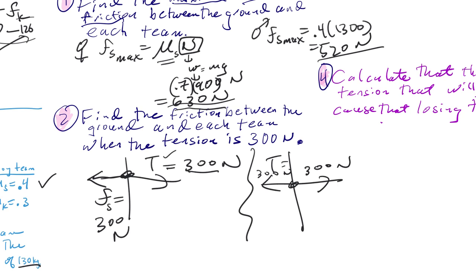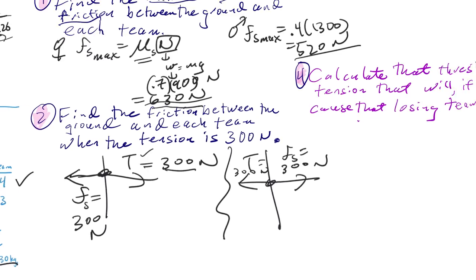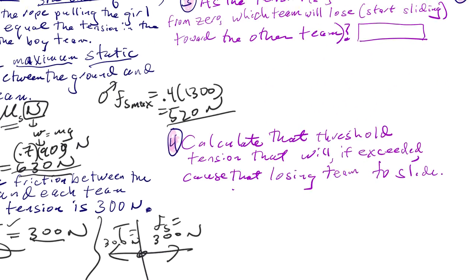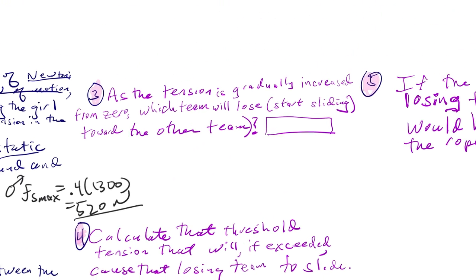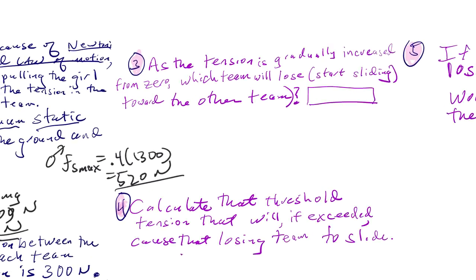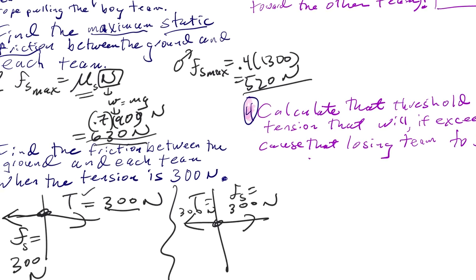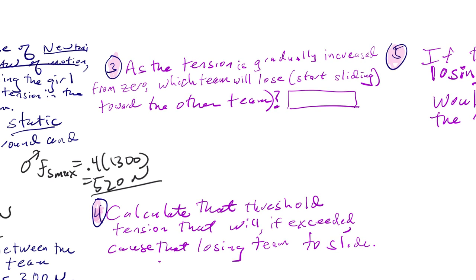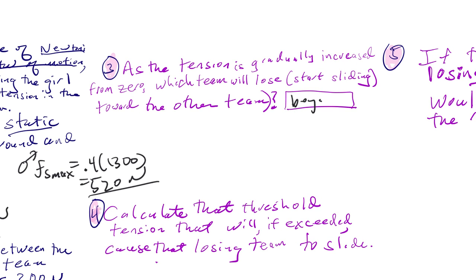Okay, so both of them will be at rest with the static friction, not the maximum static friction, but the static friction being 300 newtons. So neither team will move. Okay, number 3. As the tension is gradually increased from 0, which team will start moving toward the other team? Well, the one with the less friction, and that would be the boys. The boys will lose eventually. So the boys' team.